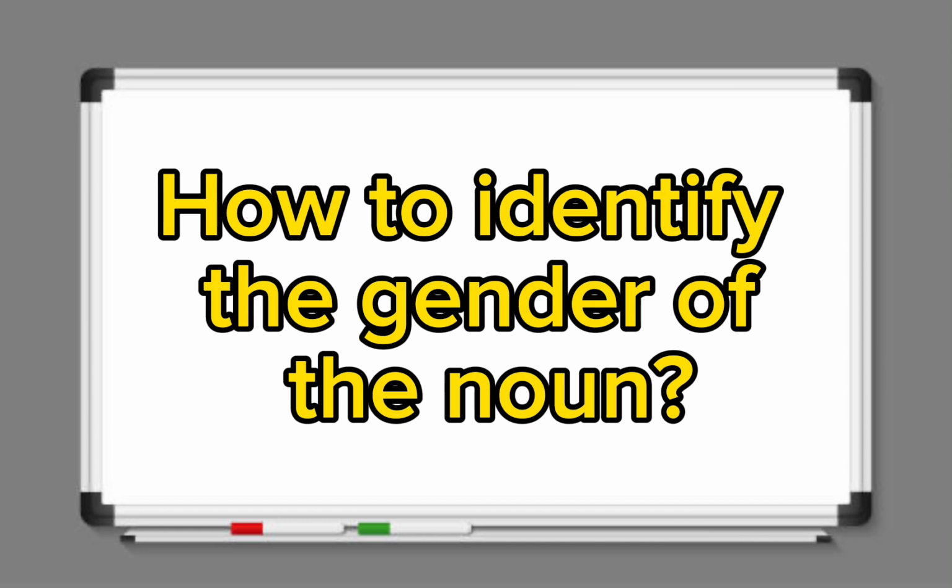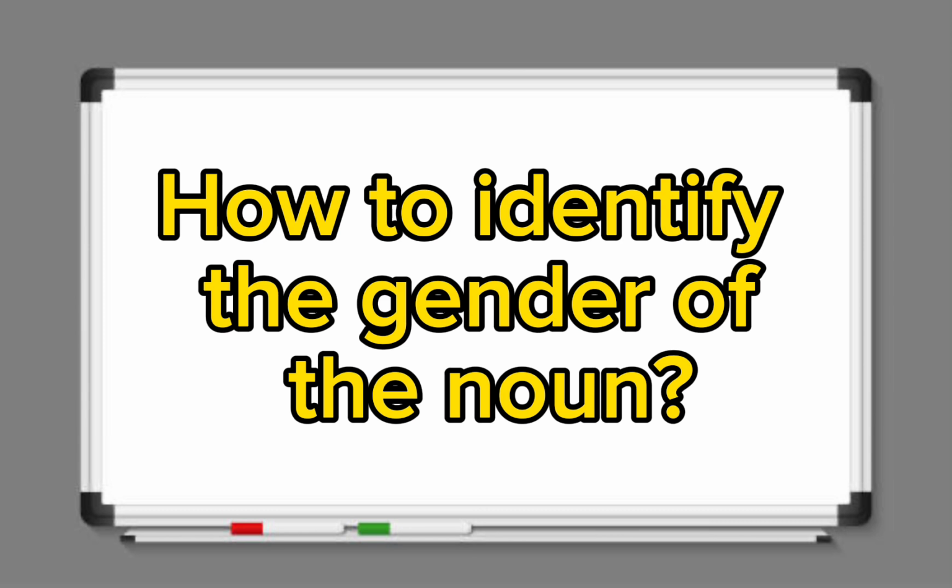Now I know you have a problem how to identify the gender of the noun. So I'm going to tell you a general rule to get to know how we find the gender of the noun. Remember, we cannot use this rule all the time. It means always we cannot use this because there are some exceptions as well.